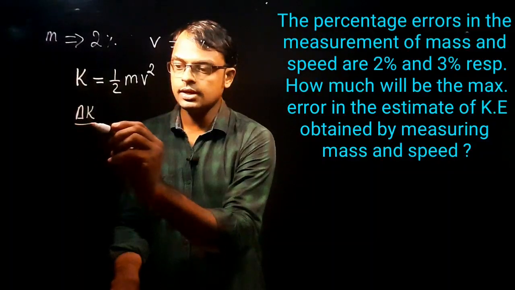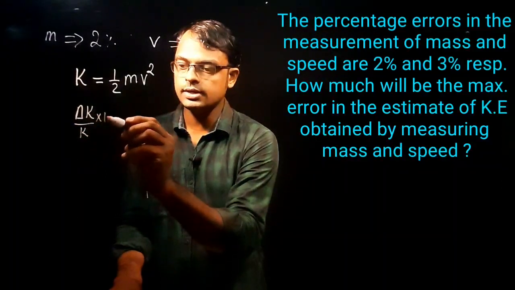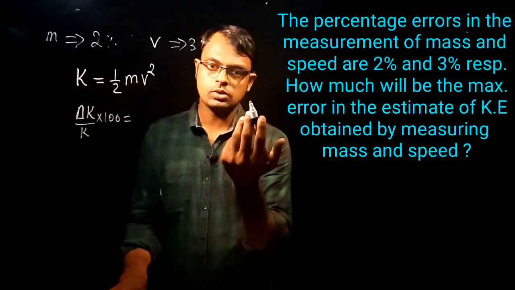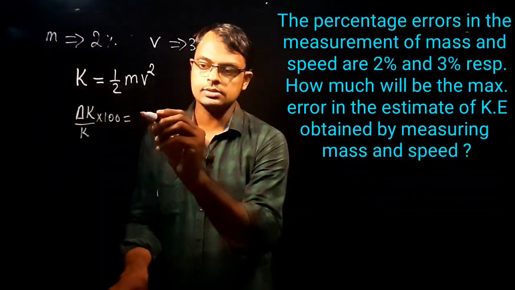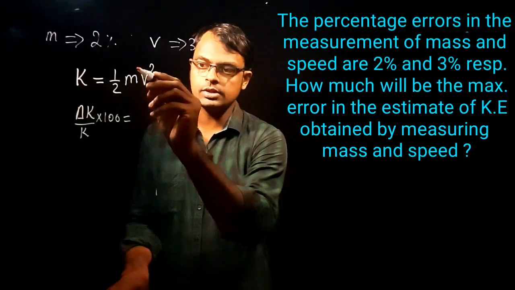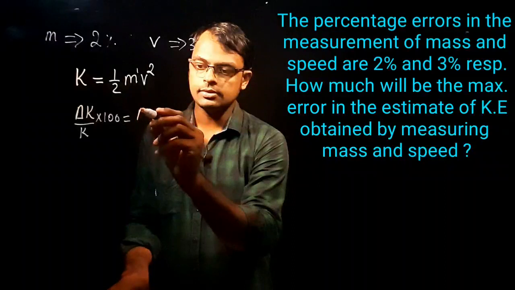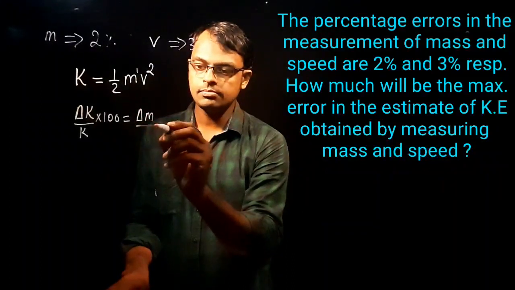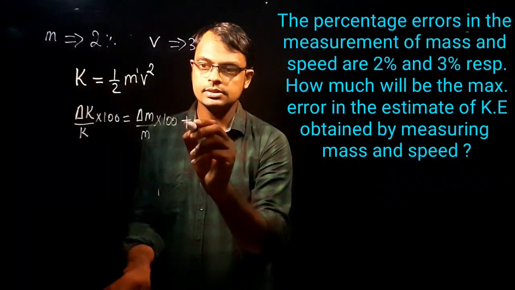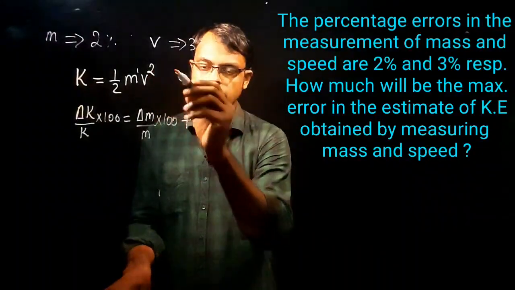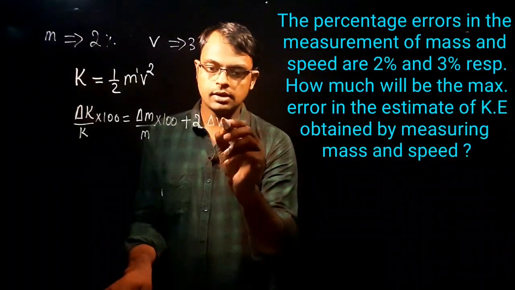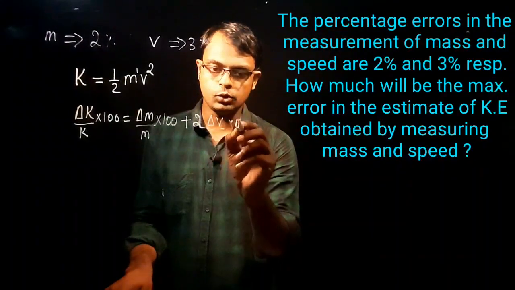So I can write here delta K by K into 100 is equal to, now 1 by 2, it is not a physical quantity, no need to use it in the error analysis. So you can write here mv square, m here only one time, power is 1, right? So you can write here delta m divided by m into 100 plus v, speed how many times you are using? V square 2 times. So the error chance is 2 times. 2 into delta v by v into 100.